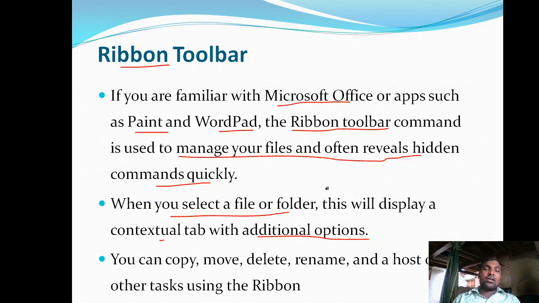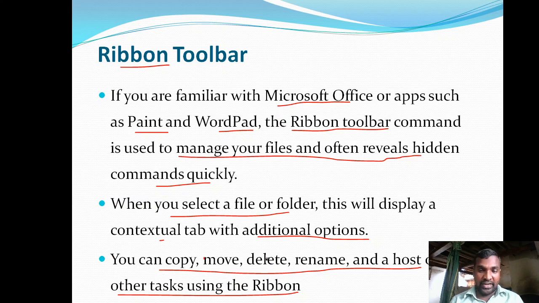Whenever you select that particular file or folder, then only the different commands which are in hidden mode are displayed under the ribbon toolbar. It includes mainly copy, move, delete, rename, and a host of other tasks using the ribbon command. So the main commands include copying, moving, deleting and renaming of that particular file or folder.